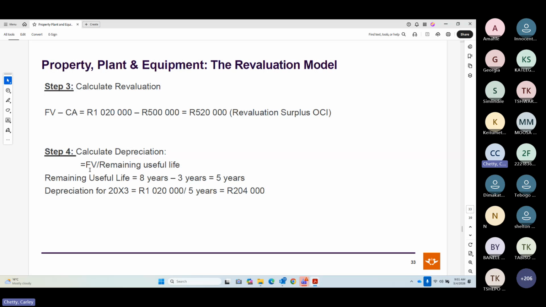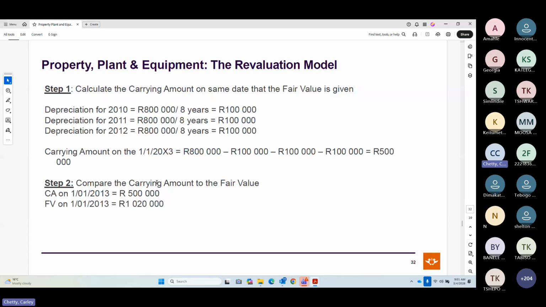So in step 4, we need to calculate the depreciation, and we do that by taking the fair value of 1,020,000 divided by the remaining useful life. So remember, we are going to calculate the remaining useful life. We are going to take the total useful life, which was given in the scenario of 8 years. And remember, we depreciated for 2010, 2011, and 2012.